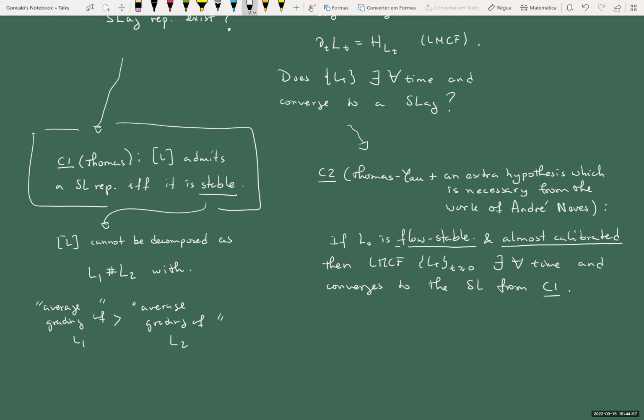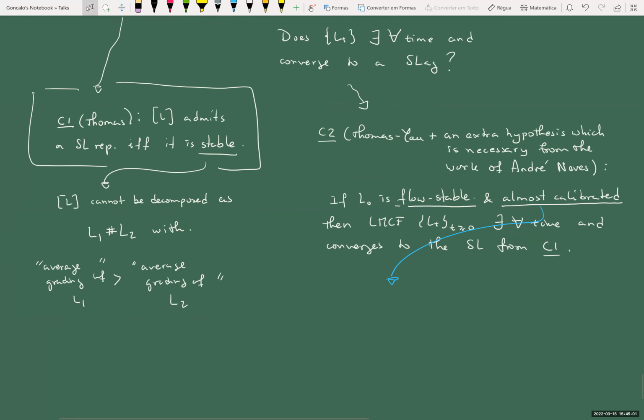So what does it mean, flow stable and almost calibrated? Almost calibrated means that, remember, these are all graded Lagrangians. So you can look at the total variation of the Lagrangian angle, and the requirement is that this be less than pi.